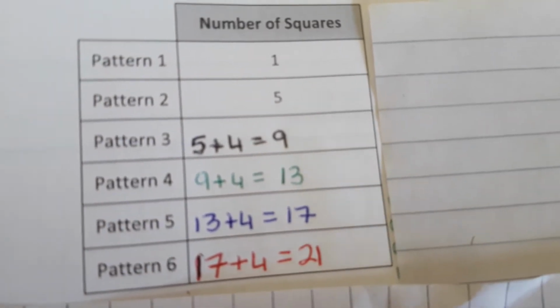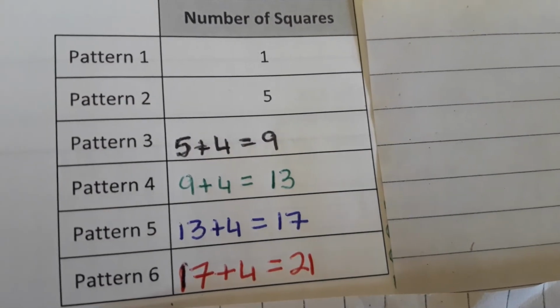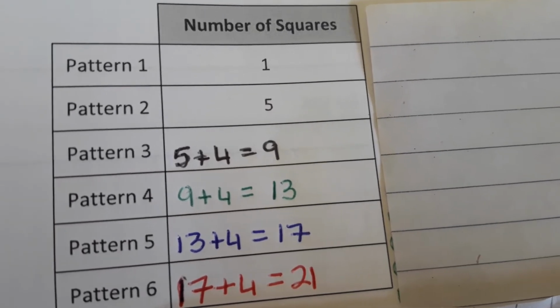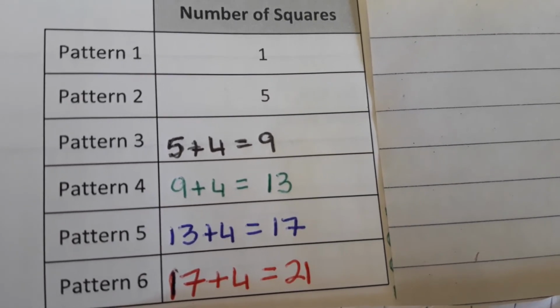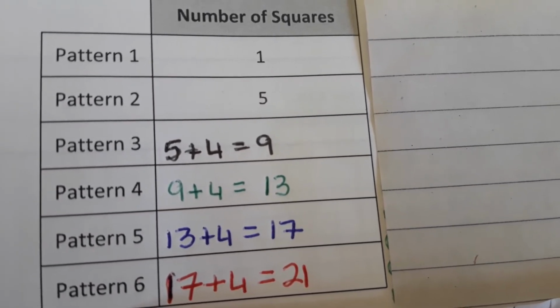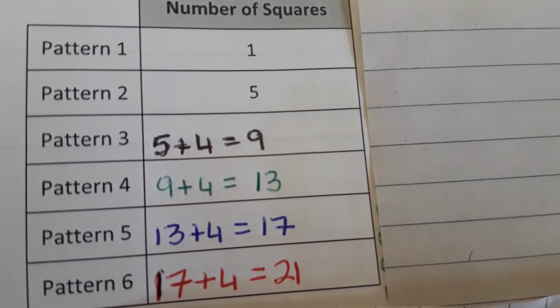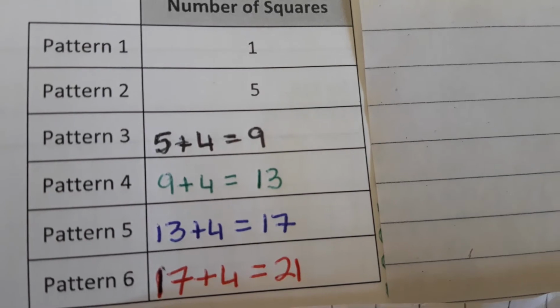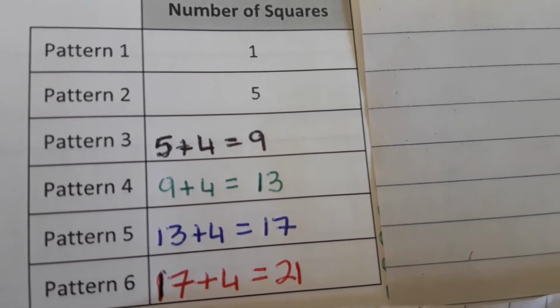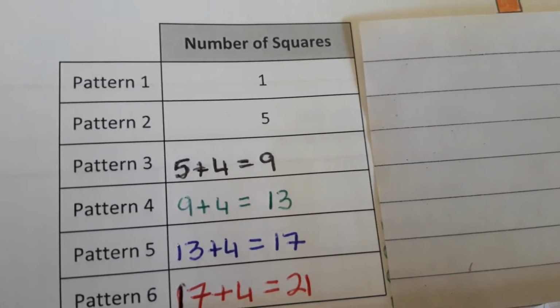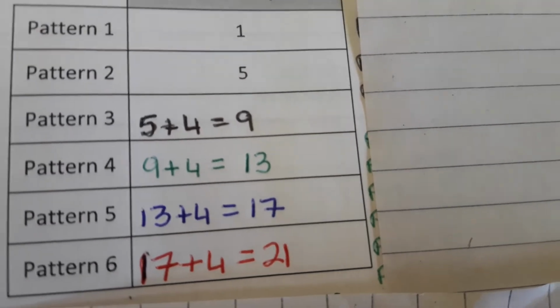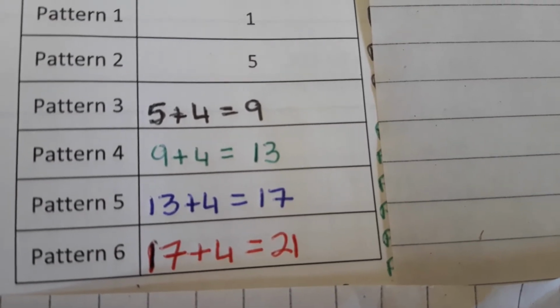So for each preceding pattern, you add on 4. To get pattern 3, you take pattern 2, which has 5 squares in it, and add on 4, and it tells you that pattern 3 has 9 squares. Then to get pattern 4, you take pattern 3 and add 4 onto it, and that tells you that pattern has 13 in it.